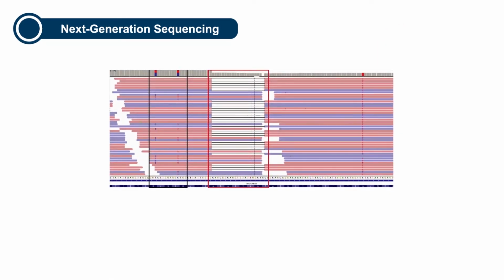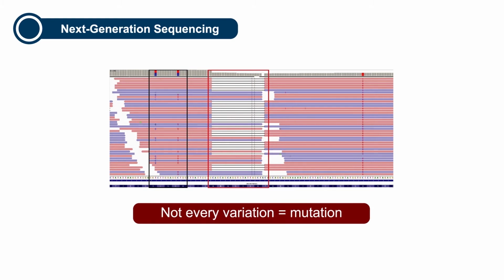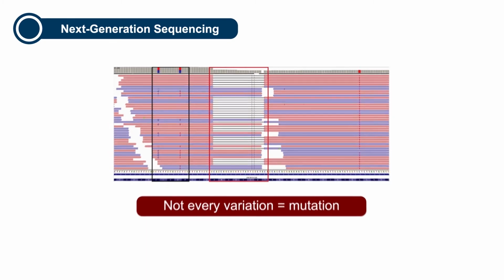Now, it's important to remember that next-generation sequencing entails an interpretive component that highly trained molecular diagnostic pathologists are capable of performing and do perform on a regular basis. And so when we think of next-generation sequencing, it's important to recognize that not every variation is a mutation.